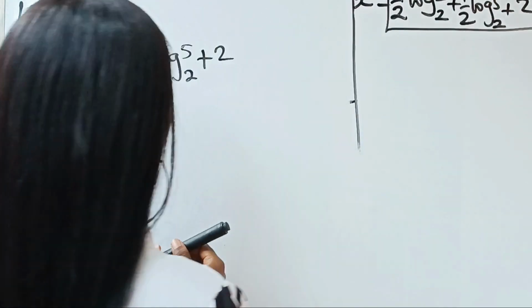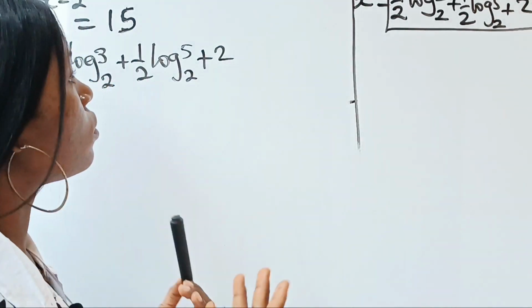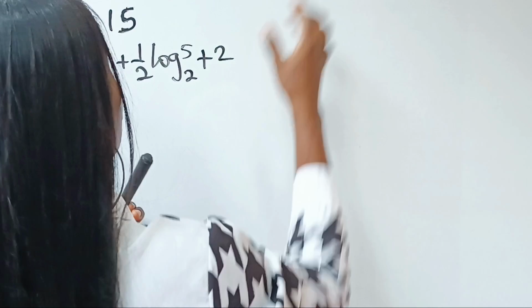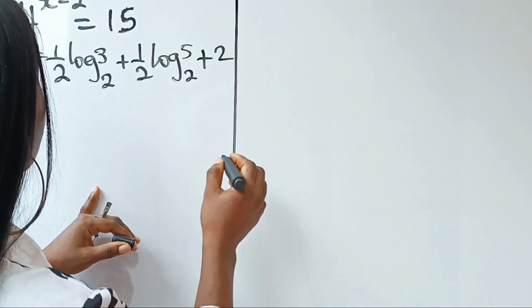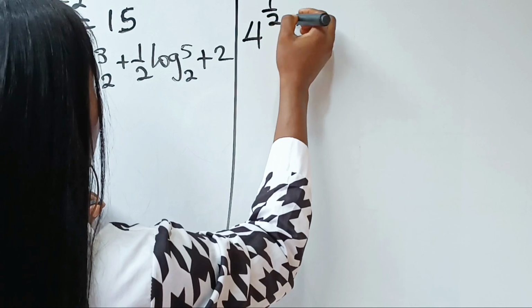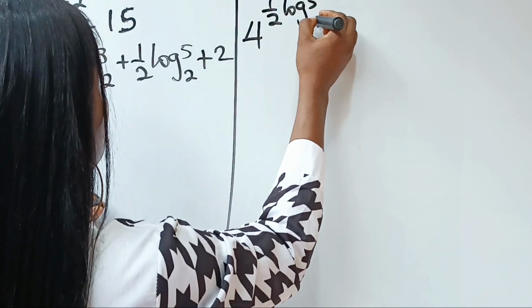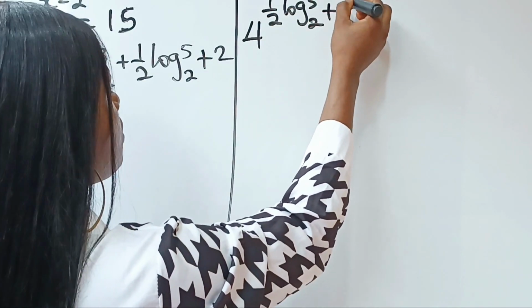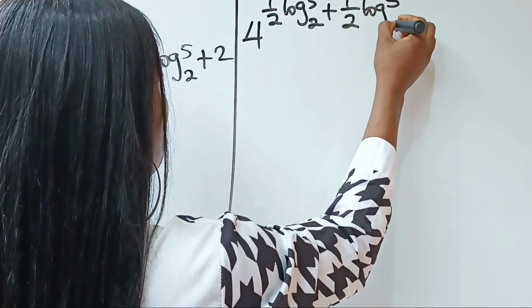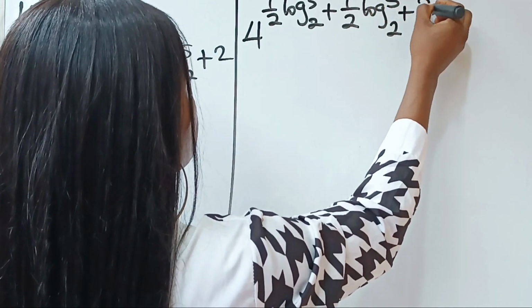Now permit me to turn this way, because I feel more comfortable this way. Now I can clean this side. Okay, now let's substitute. So we have 4 to the power of half log 3 base 2 plus half log 5 base 2 plus 2.